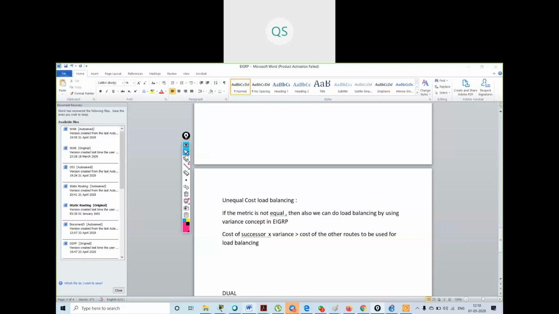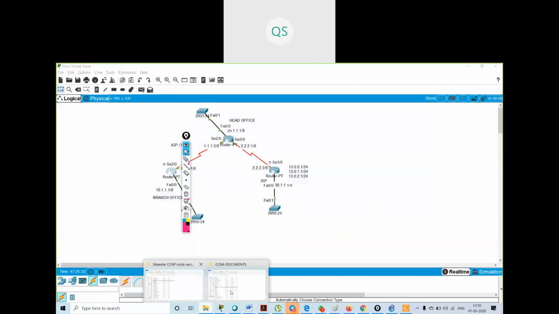Now we can see how it forms the table. Let me check if I have any document.